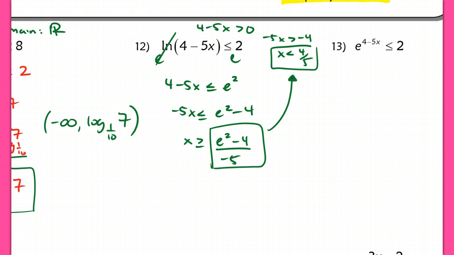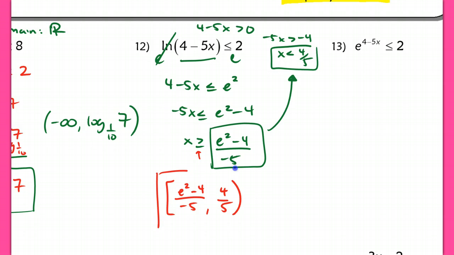So my interval that satisfies this inequality is going to be from e squared minus 4 over negative 5, with a closed bracket because it's greater than or equal to this number, up to 4/5. That's going to have an open bracket because it's strictly less than 4/5. So this would be my solution set for this particular log inequality.